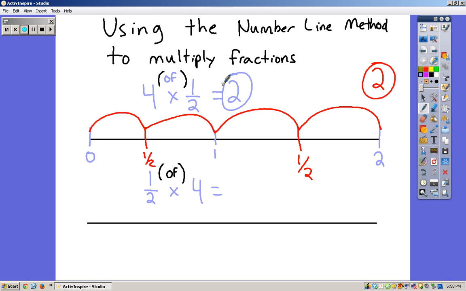Or inversely, it can work the other way: 1/2 of 4. In this case, we're going to make a number line that goes all the way to 4. It starts at 0. In the middle we have 2. Between 0 and 2 we have 1. Between 2 and 4 we have 3. Now we break each number into halves because we're multiplying by a half.